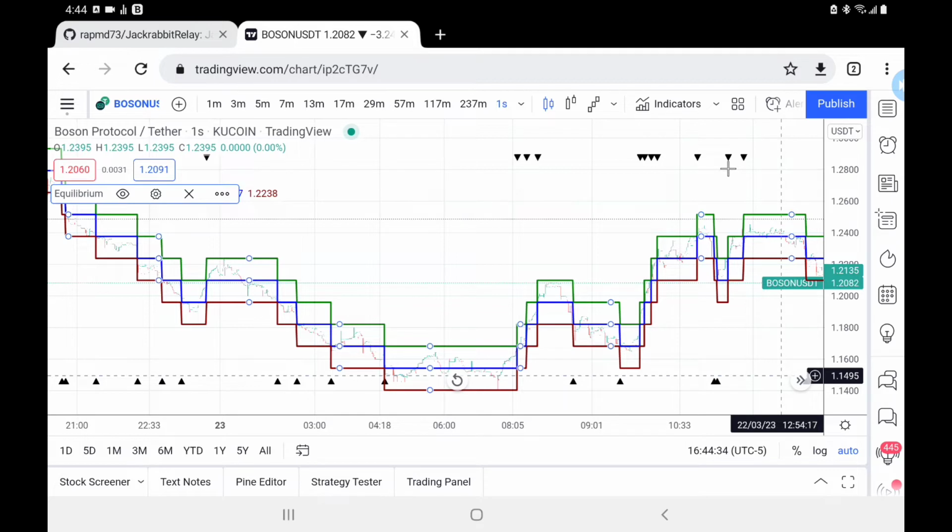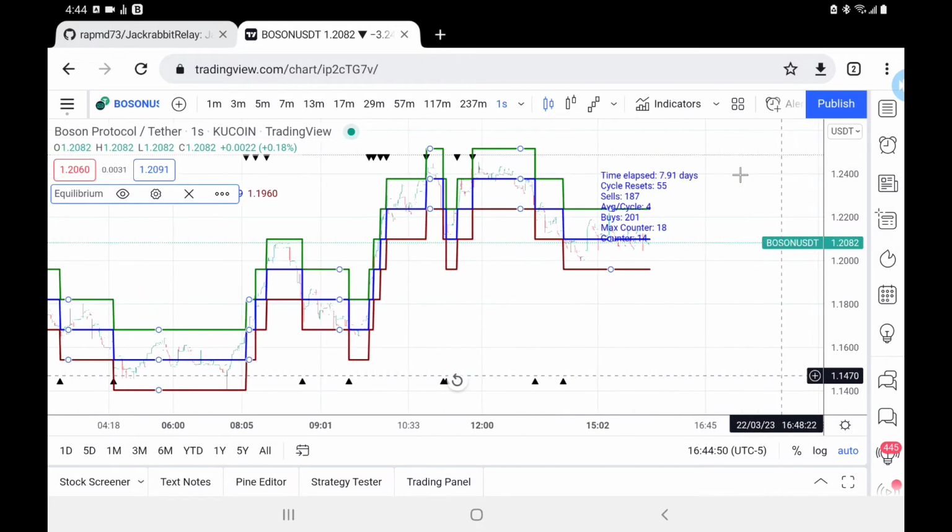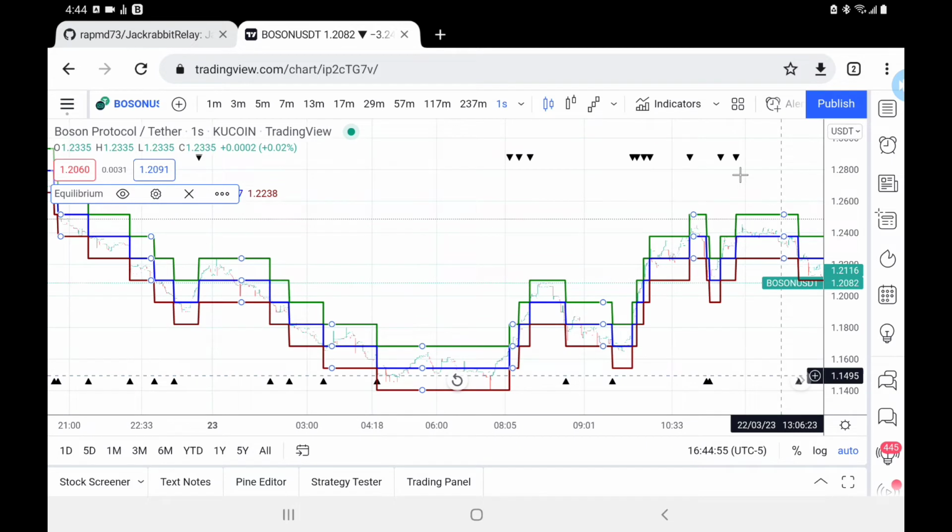Then when it goes back up and you sell, you add to your realized profits. A little tongue-tied there. But that is the point of the grid. Grid trading, and Equilibrium in particular, helps you realize your profits and locks them in small increments.